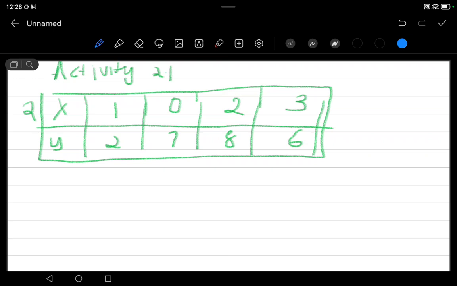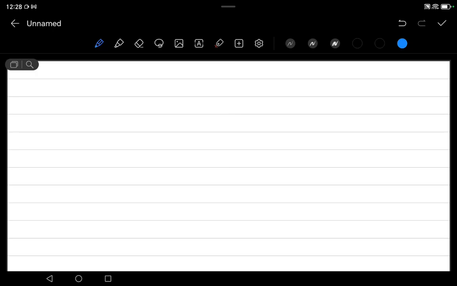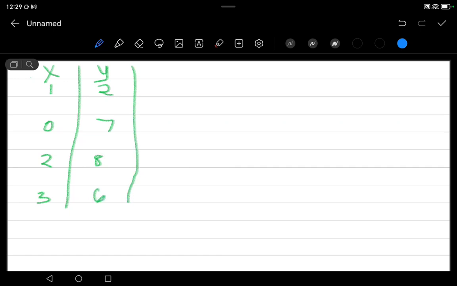So let's construct a table, with x and y. We already have the values: x is 1, 0, 2, 3, and y is 2, 7, 8, 6. I want you guys to give me the answers. What should I write under change in f?